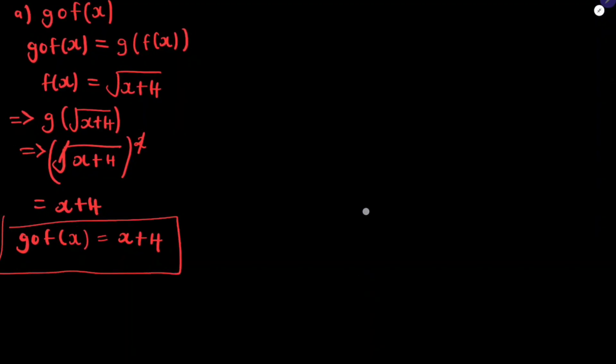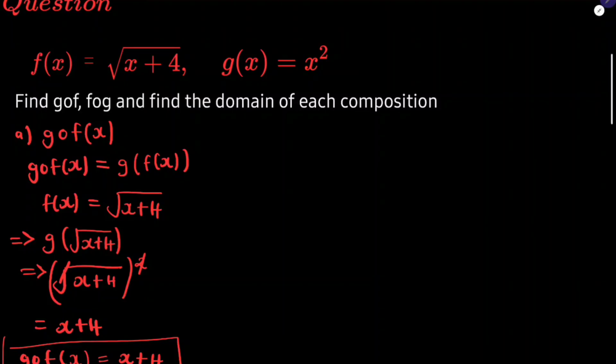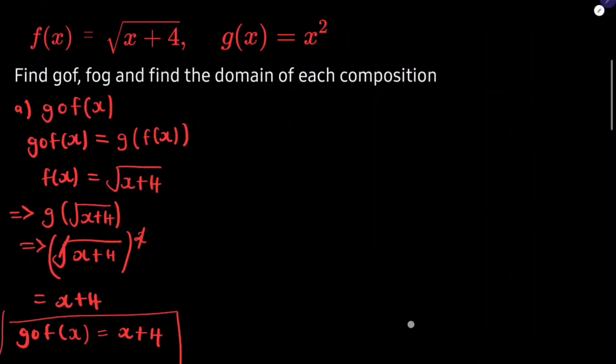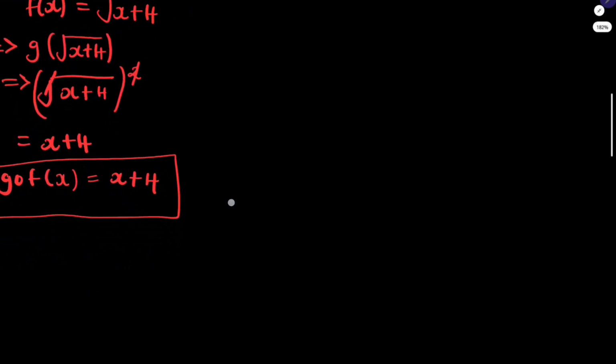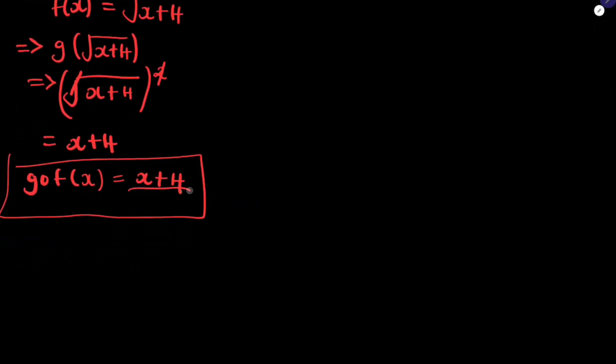That is not all. We are also to find the domain. The question said find the domain of each composition. To find the domain, this has a denominator of 1.